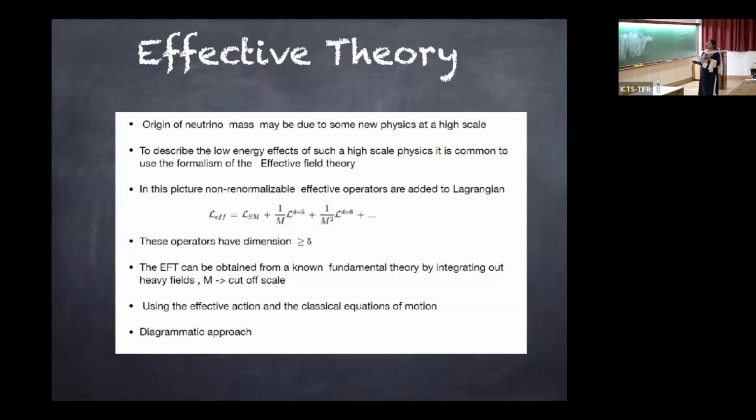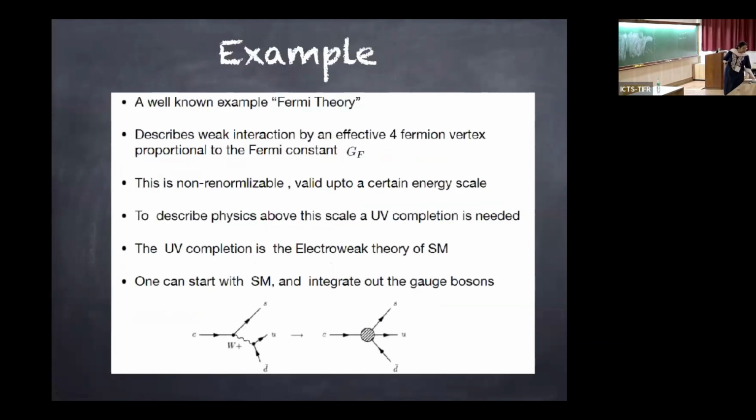So there can be a scale below which it's effective, and above that I can write maybe a Lagrangian which is not renormalizable. One example that we know is Fermi's theory, right? When we do the weak interaction calculations using Fermi's theory, we take this kind of a thing, right?